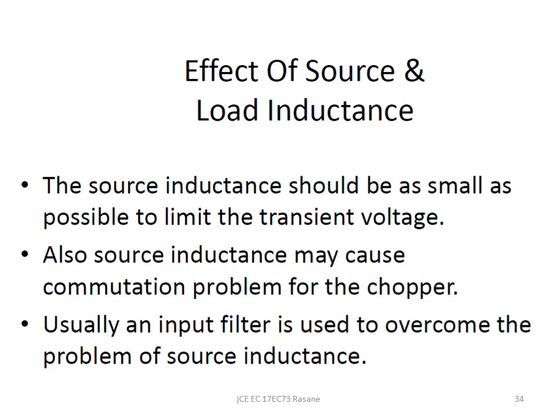So both the forward control of the motor as well as the reverse control of the motor is possible in class E operation, or four quadrant operation of the chopper.